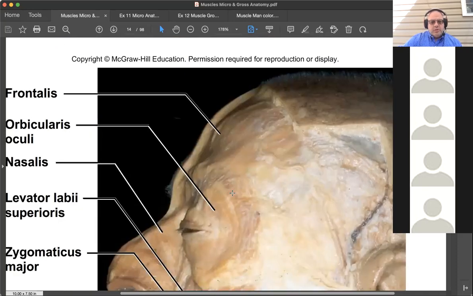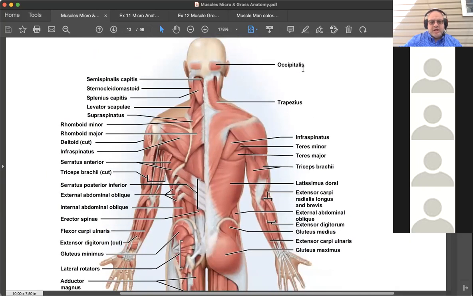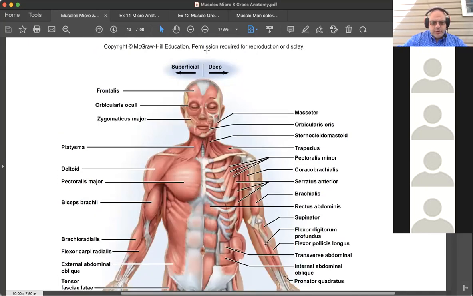We'll come back. Okay, so again, on the back, you have occipitalis, the epicranius, occipital belly. They don't really show the aponeurosis very well. Aponeurosis is the tendinous sheet or band. Was that labeled there?